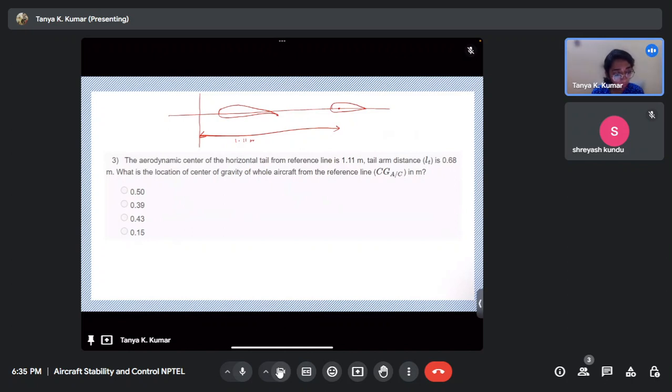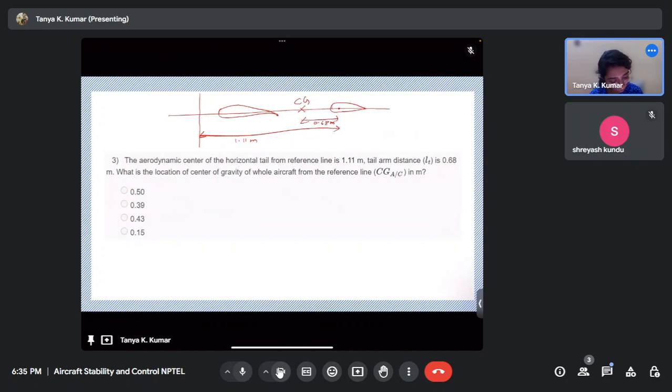Tail arm distance is 0.68 meter. So tail arm distance is distance between what two points? CG and AC tail. Perfect. So if I take CG somewhere here, this distance is 0.68 meters, right?